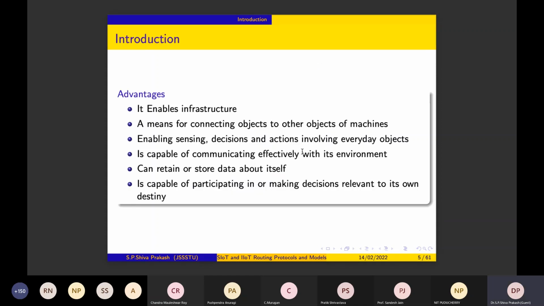Now, the advantage of IoT is that it enables infrastructures where we make use of wireless architecture to build an infrastructure. It provides a means for connecting objects with another object or a machine, and it enables sensing, decision making, and the actions involved in an everyday object. It is also capable of communicating effectively within an environment.